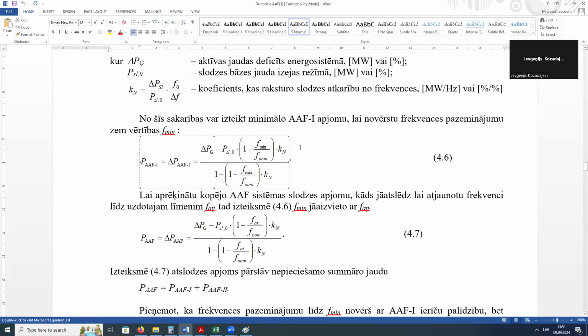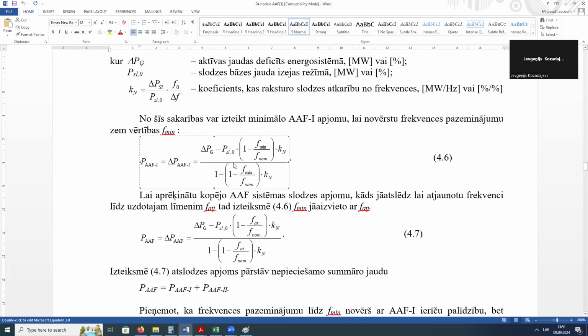This is informal: we decide what the minimal possible frequency is. Based on this minimal possible frequency, we can calculate the power that should be connected.